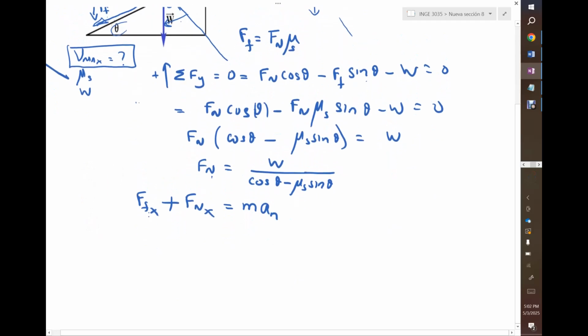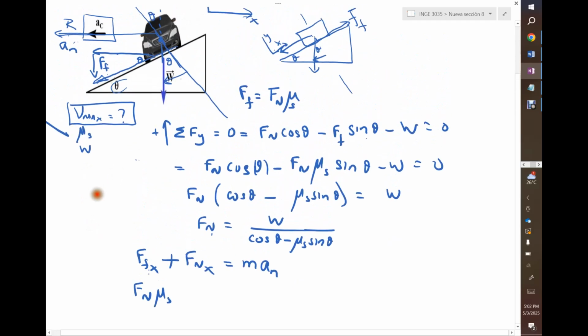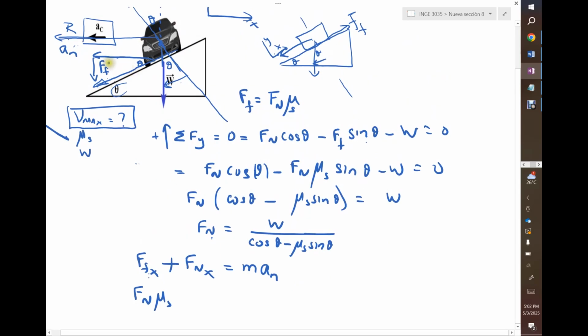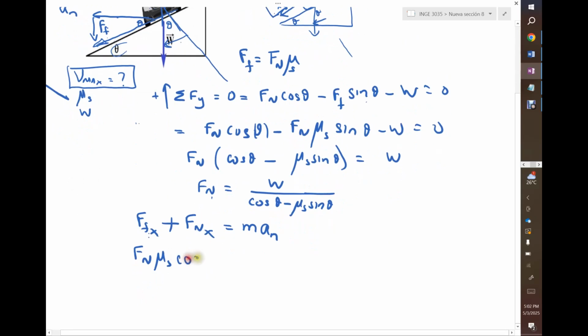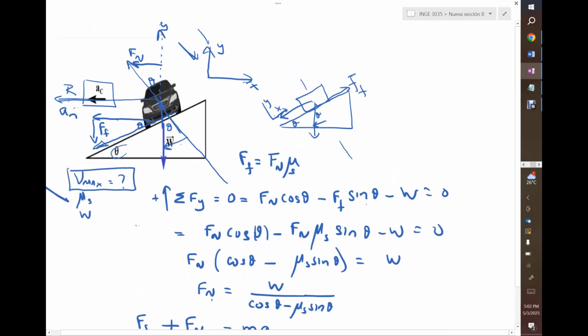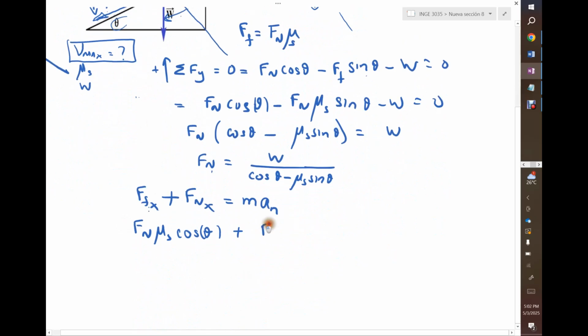So let's do that. Fn mu s times, since I'm breaking this on this, cosine of theta, plus, now the Fn I'm breaking into this, so that would be Fn times sine of theta, and that has to be equal to m.